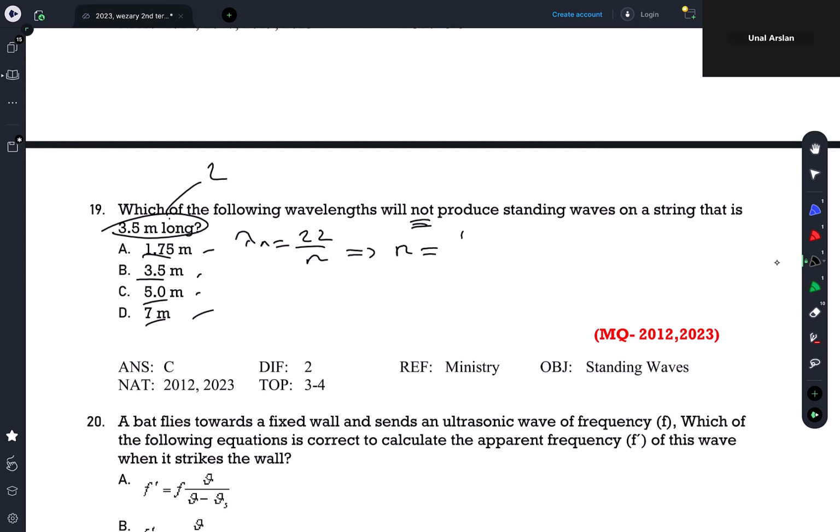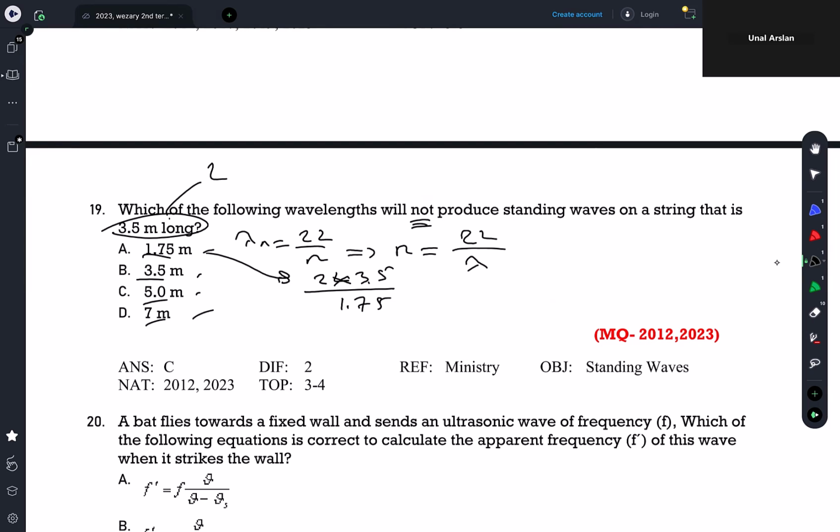If it's not an integer, it's not a standing wave. So let's do it one by one. For 1.75: 2L, L is 3.5, divided by 1.75. If it is an integer, it's a standing wave. Not an integer, it's not a standing wave.